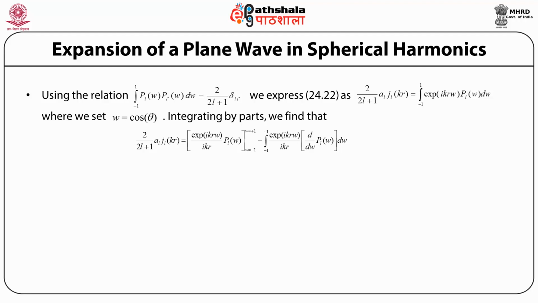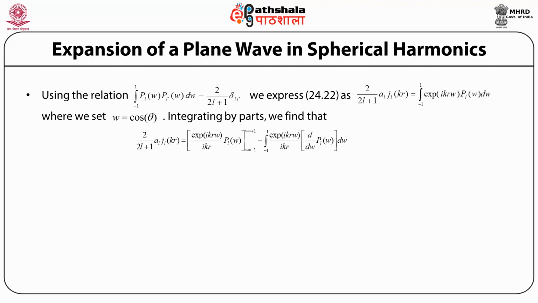Using the relation, integral from -1 to +1 of P_L(w) P_L'(w) dw equals 2 over (2L+1) times delta_LL', we express 24.22 as 2 over (2L+1) times A_L j_L(kr) equals the integral from -1 to +1 of exp(ikrw) P_L(w) dw, where we set w equals cos theta.